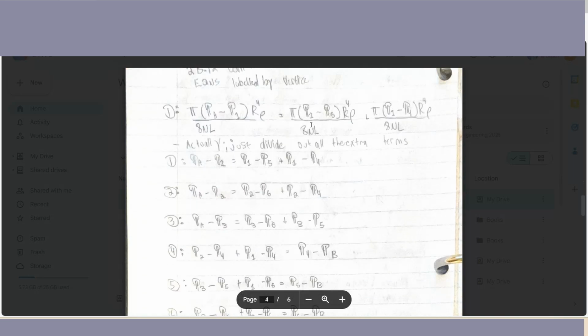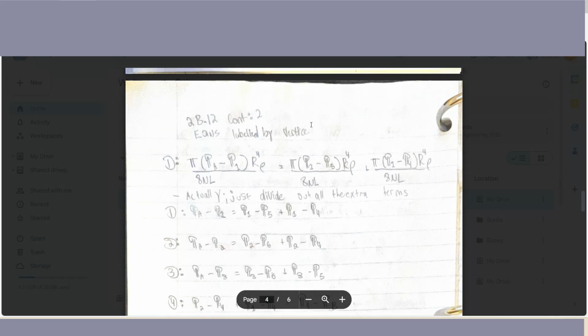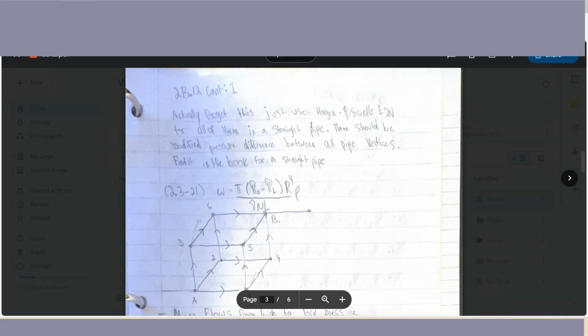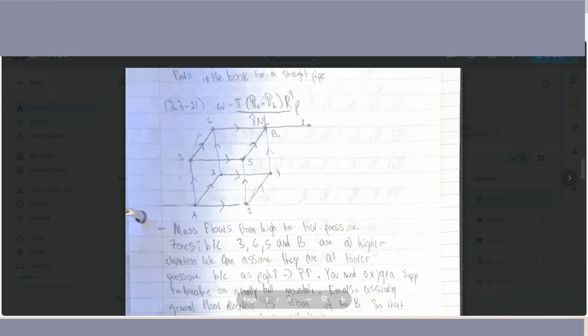So basically now I just do the equations. It's pretty simple. The flow rate of all the in pipes is going to be equal to the flow rate out of all the out pipes.